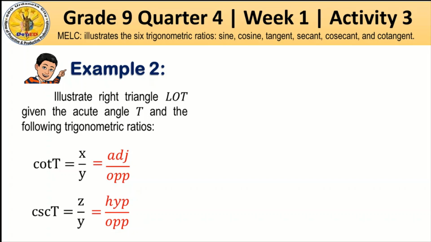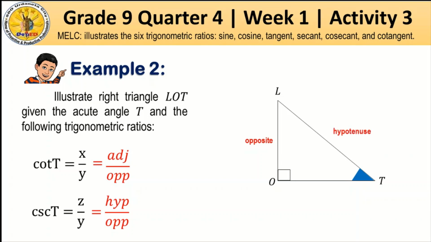Now, let's draw a right triangle and label it as LOT. Our reference angle is angle T. Now, LO is the opposite side of angle T. LT is the hypotenuse and OT is the adjacent side with respect to angle T.